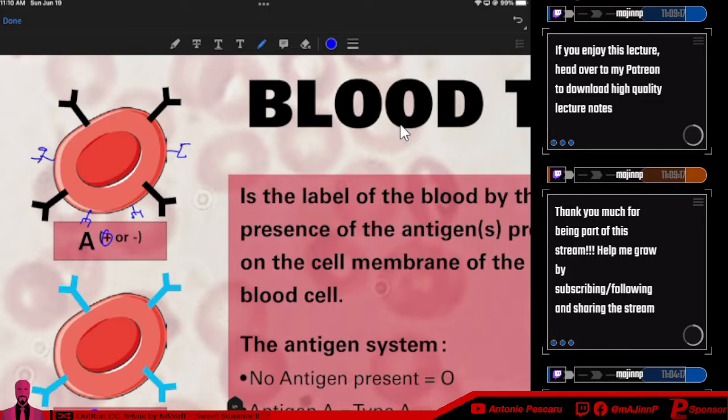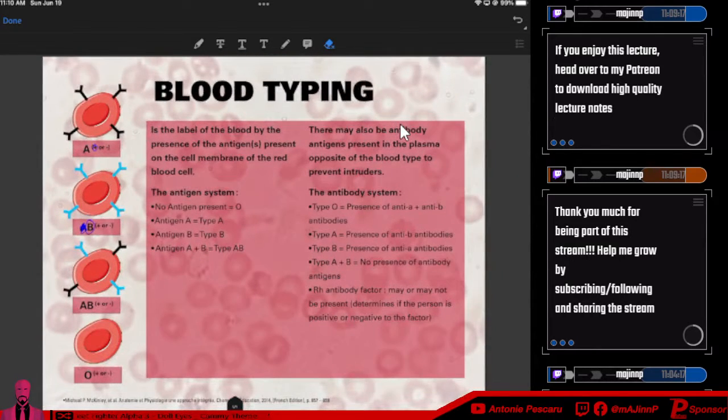Meaning that you can only receive negative blood because you don't have the positive Rhesus group. And that's really important because there are some blood pathologies that we're going to get to at the end that do have that as well.